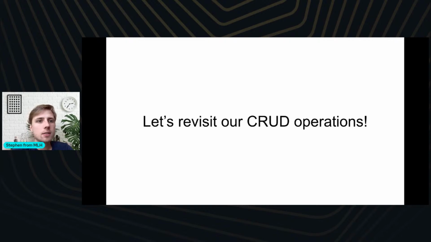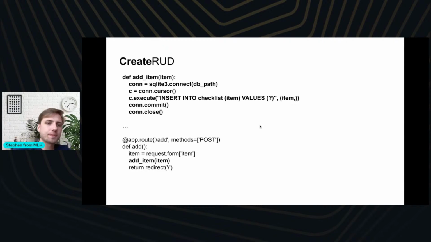Okay, so let's revisit our CRUD operations. Within our app.py file, we're going to include that create table function. We'll also include this add item function, which is going to take the place of our previous code to update the items list. With this add item, we're going to connect once again to the database, instantiate a cursor, and execute a SQL command. For this one, we're going to use the insert into SQL command.